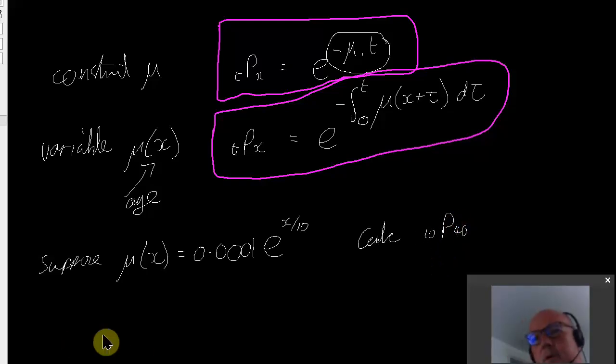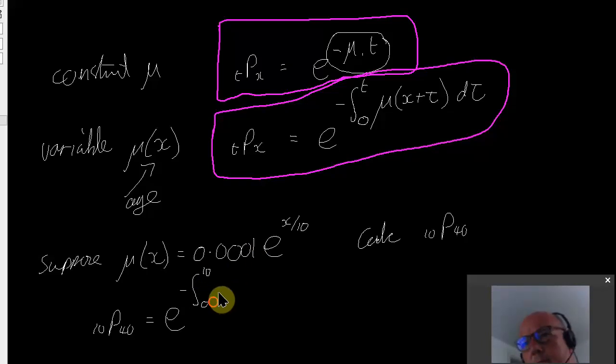So 10p40 equals e to the minus integral from 0 to 10 of mu of x, that is 40 plus t, dt.